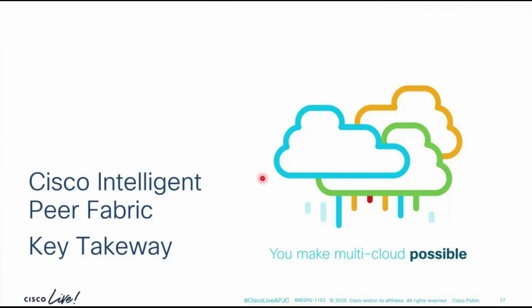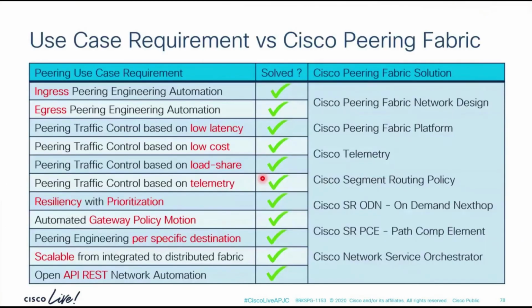We have built our automation to solve all these peering use cases: the ingress peering automation, the incoming, based on low latency, low cost, and telemetry, and also the egress, the outbound automation, based on these parameters all together.